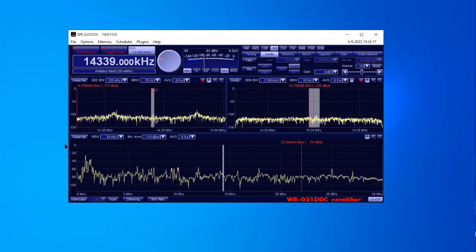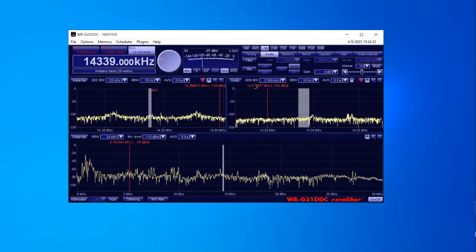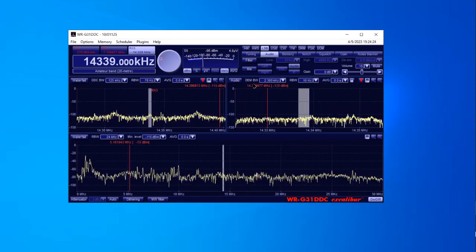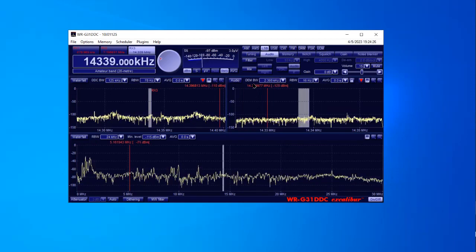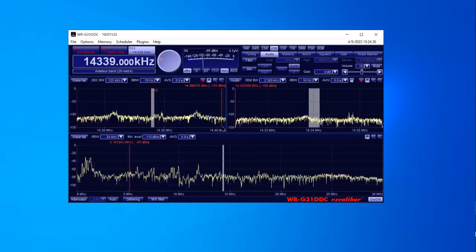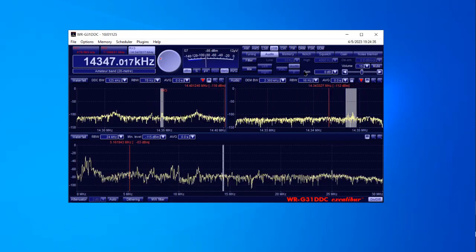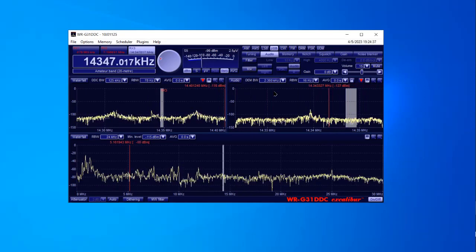If you hit the lower sideband button right there, okay, you don't hear them. You could have somebody with the same frequency numbers up there running lower sideband, and they may not interfere with each other.